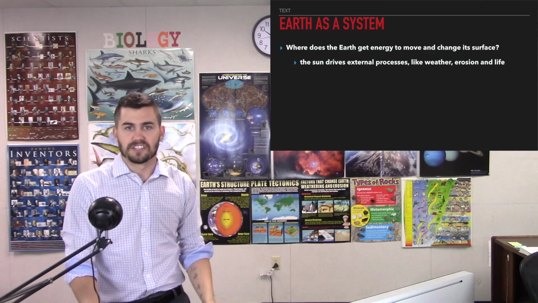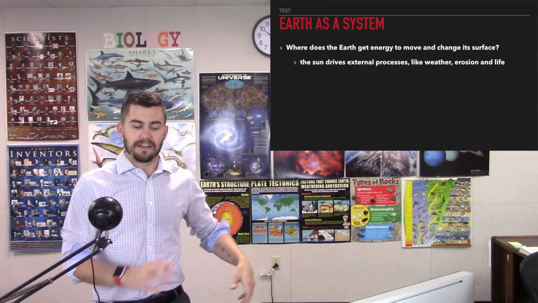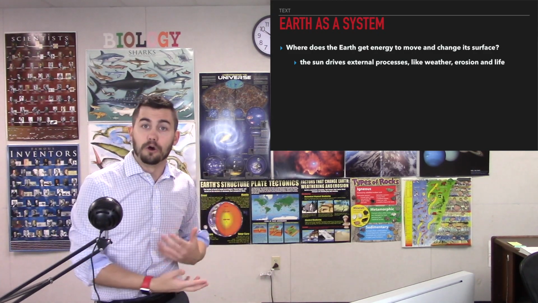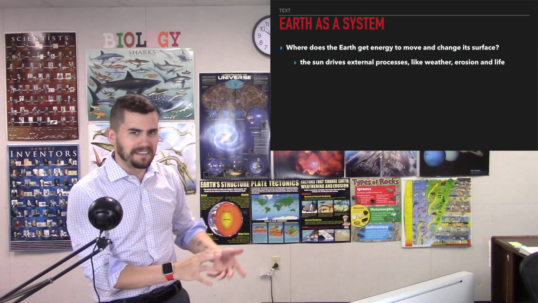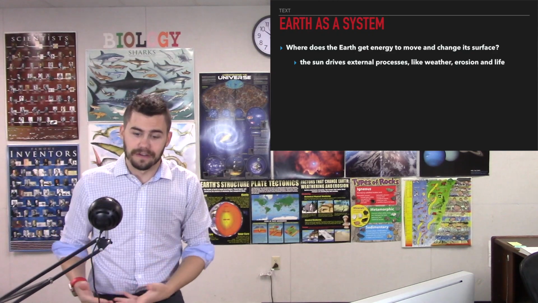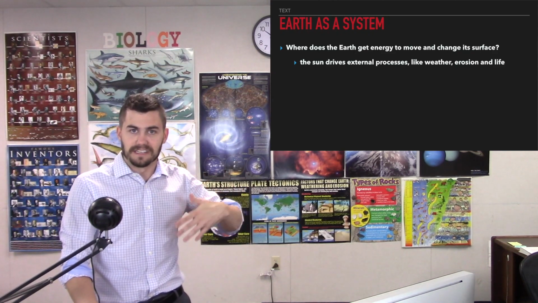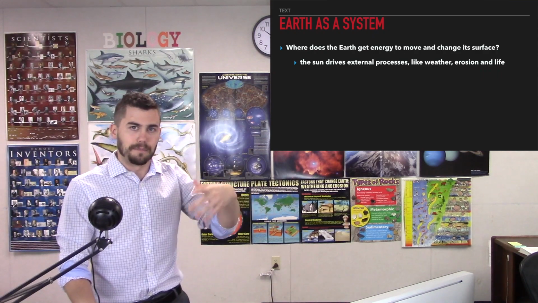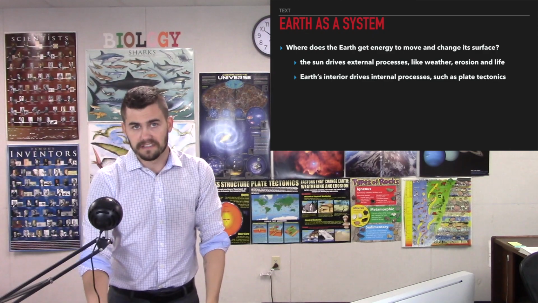So processes such as the weather and climate, erosion, and life. And along with that, we would include ocean currents and things like that. Not ocean tides, that's caused by gravity, but ocean currents, certainly. Without wind, without differences in heating to make those ocean currents move around, all of those things would completely stop.